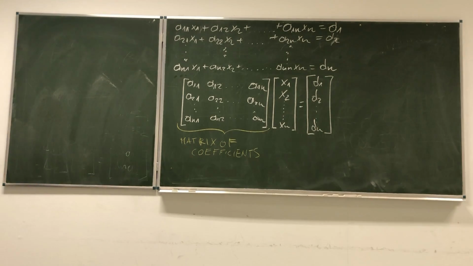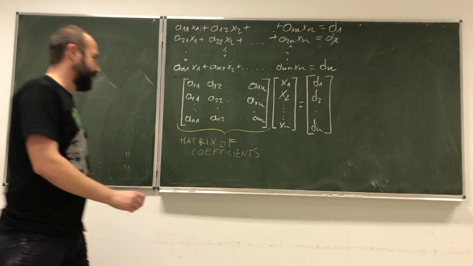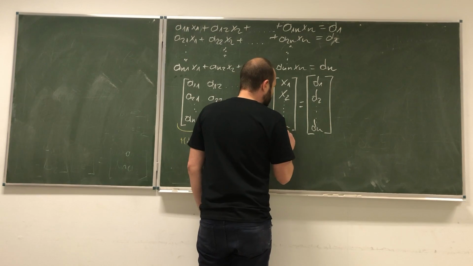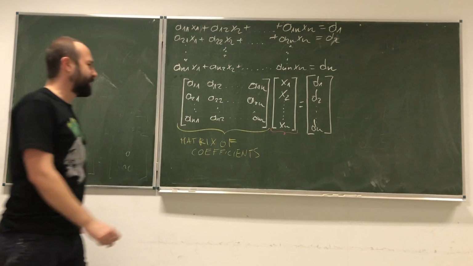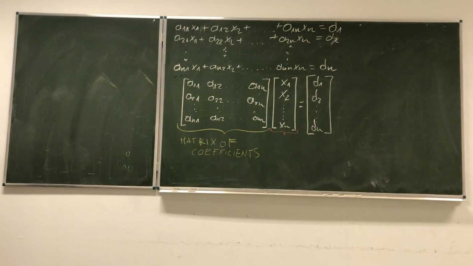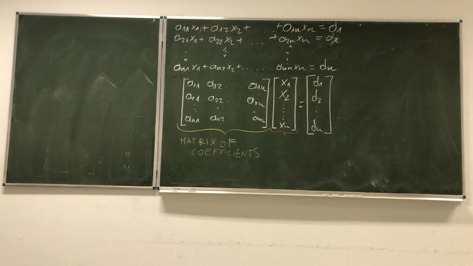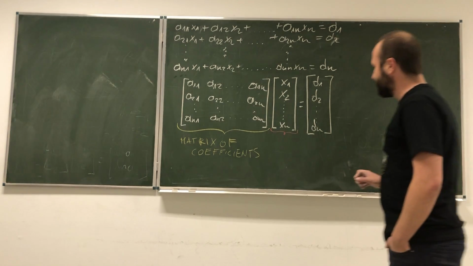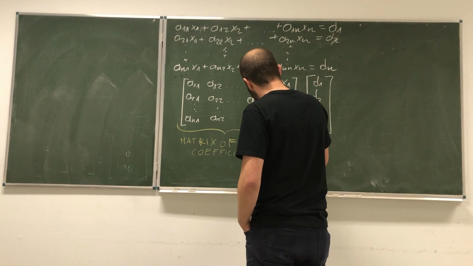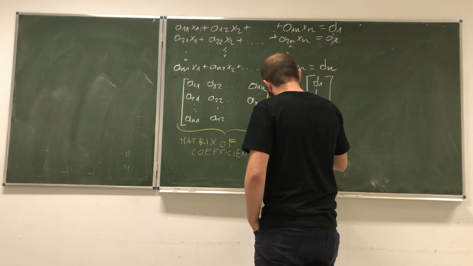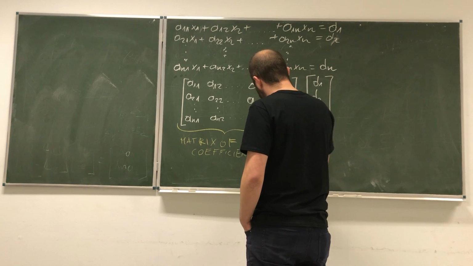Then, next to it, we have all the variables. And look, normally we would just call it vector of variables, but we will be using this in different economic problems. So let's right away give the full name that we need. This is going to be a vector of endogenous variables.